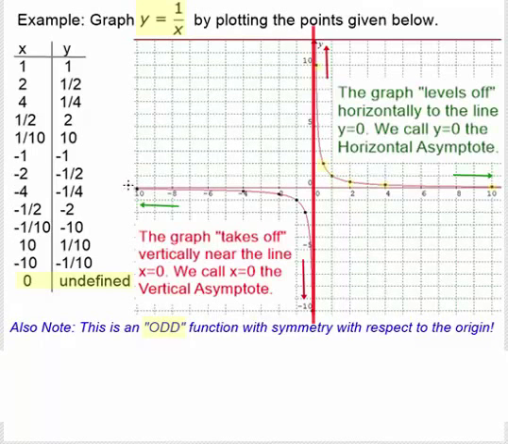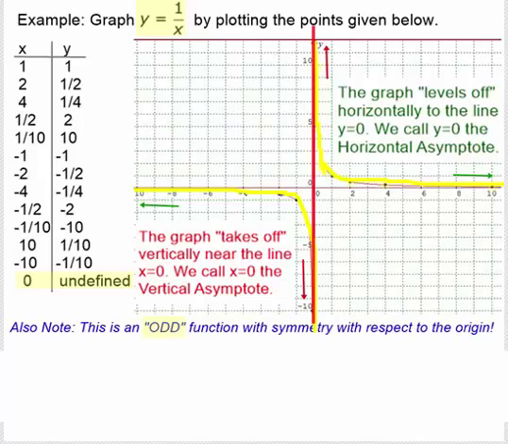And notice what this graph does. As we get close to that y-axis, the red line, x equals 0, the graph just goes down to infinity. Also, on the left side, the graph gets closer and closer to the x-axis. And on the right side, the graph shoots straight up to infinity, levels off to the x-axis on the right.